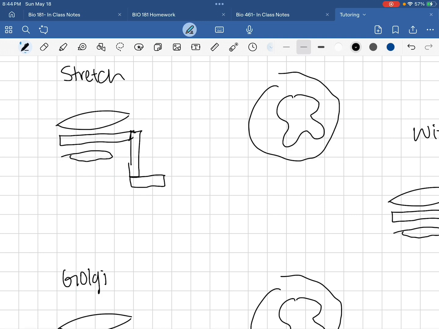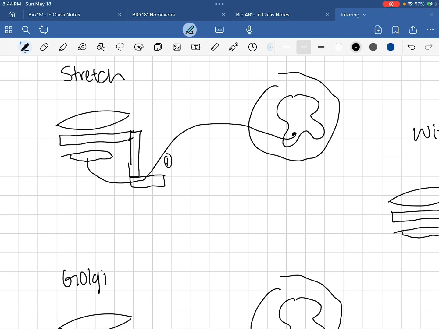It's going to happen right here. It's your abductors, and the muscle spindle is going to sense a change in stretch.